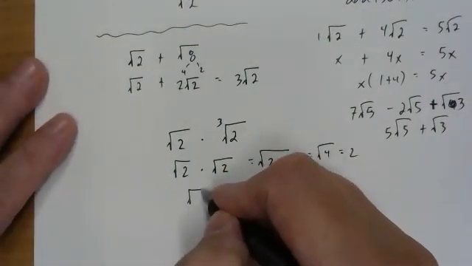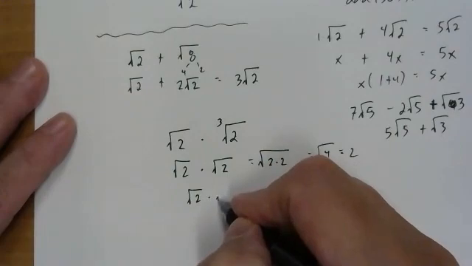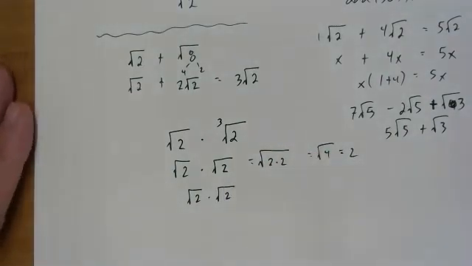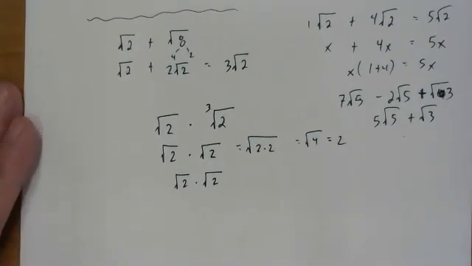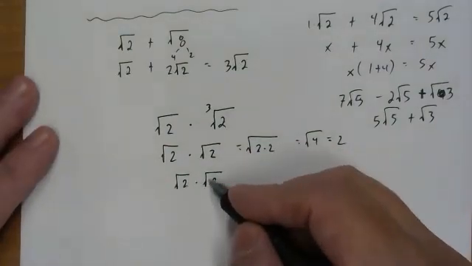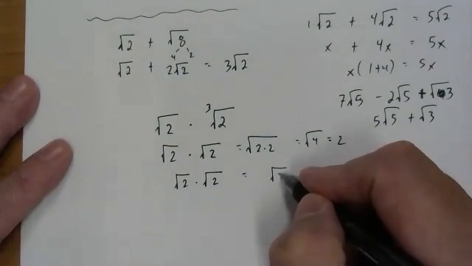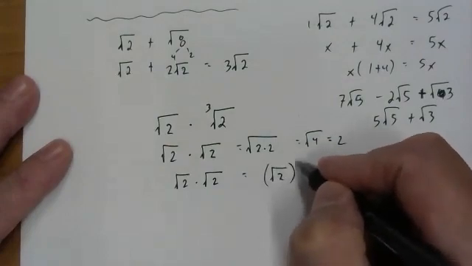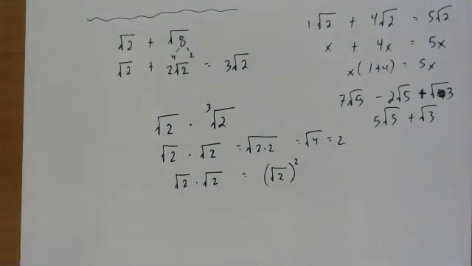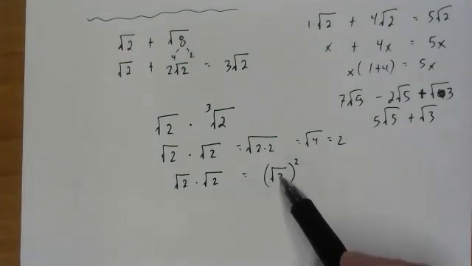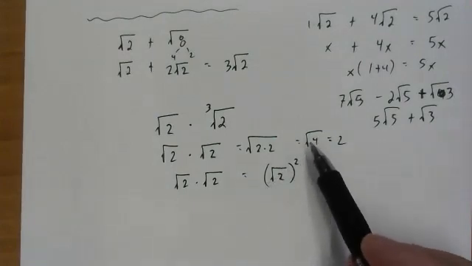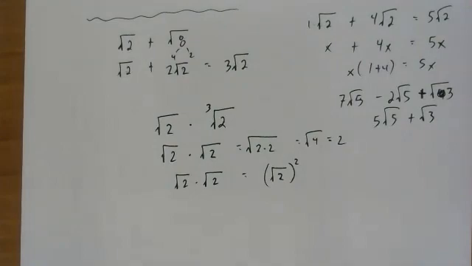Now here's just a sidelight that becomes important in math. Since this is my example, square root of 2 times square root of 2, I could rewrite that. Isn't this the same thing? Square root of 2 squared would be square root of 2 times square root of 2.